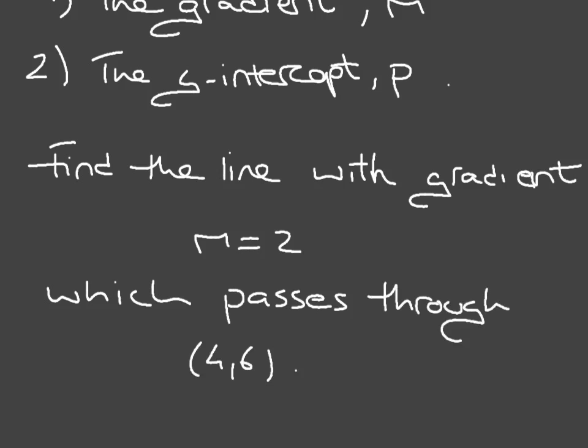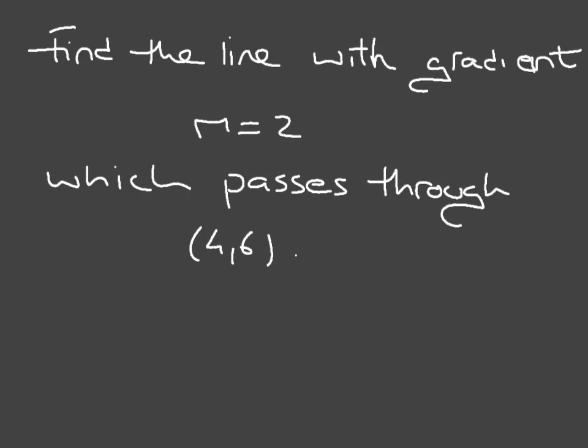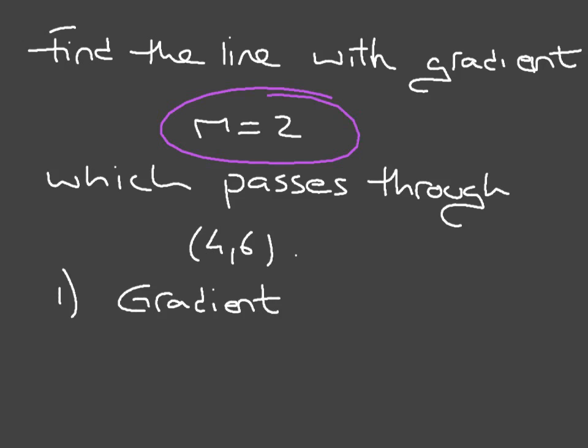So how will we do this? Well, following what I said above, the first thing we need to do is take care of the gradient. In this case, we're told in the question that the gradient is 2.